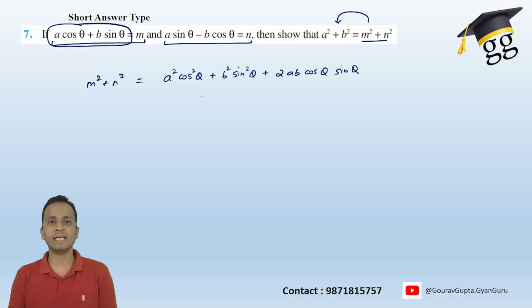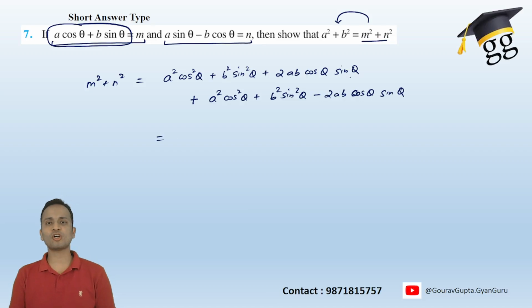Now after this I need n square. So plus n square, where n is a sin theta minus b cos theta. Let's do the whole square. So it will be a square cos square theta plus b square sin square theta minus 2ab cos theta sin theta. Now 2ab cos theta sin theta will get cancelled, right?